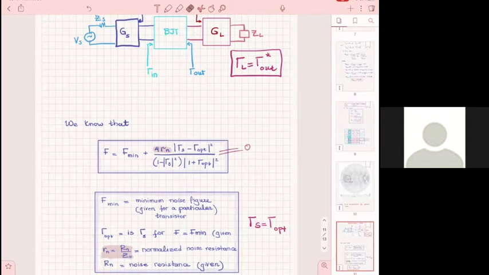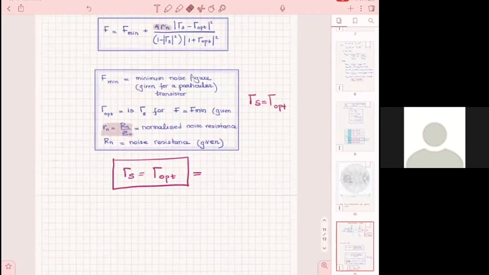So this one is 0.5170. And that's it. So now I have gamma S. Any other questions before we move on?